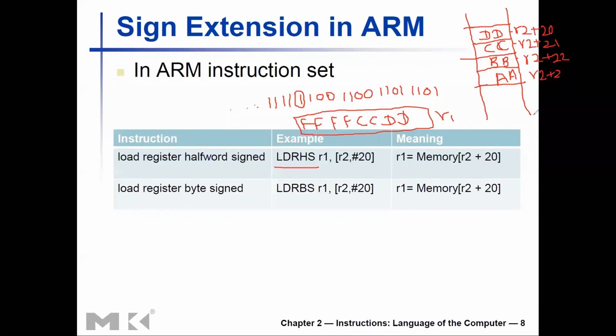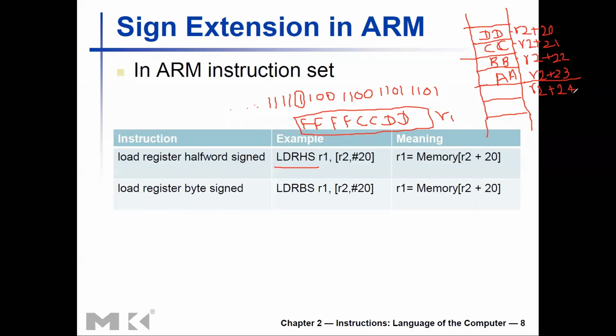So in the array examples we saw earlier in the previous tutorial, we were jumping by 4 likewise. When we wanted to access the next element, we used 4 as the offset.